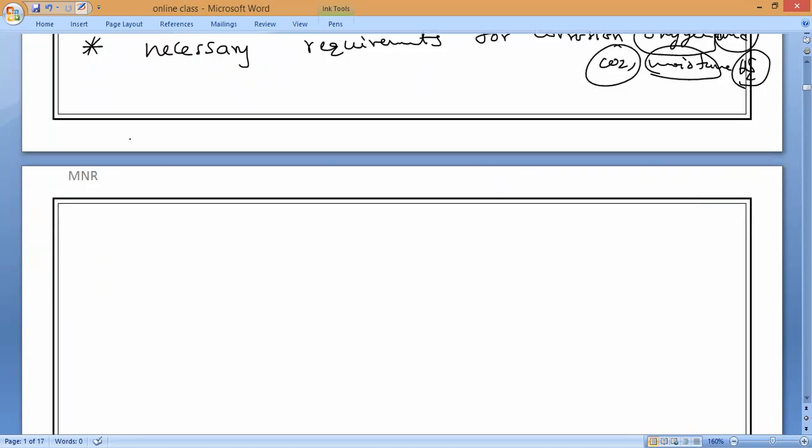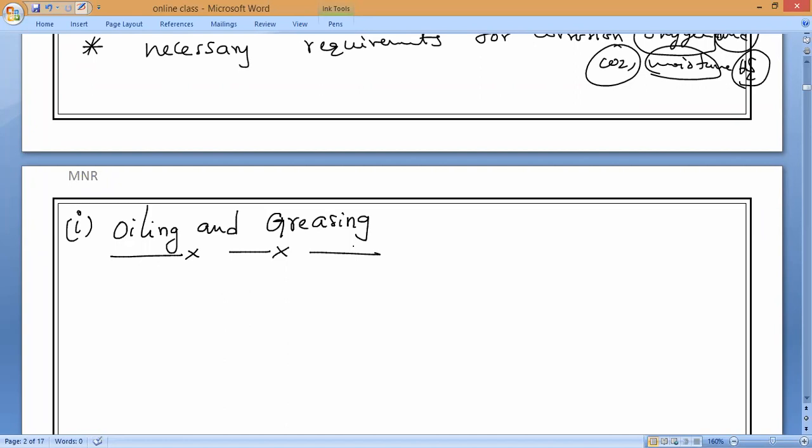So the first method is that the surface of metal objects must always be treated with oil or grease. You all know grease, which is black or brown in color.